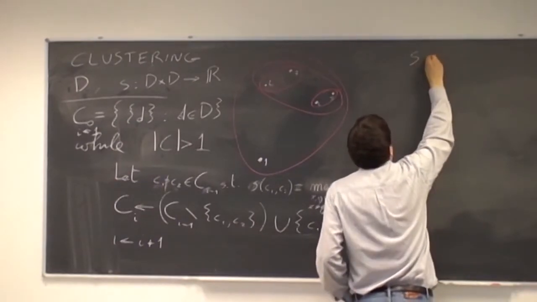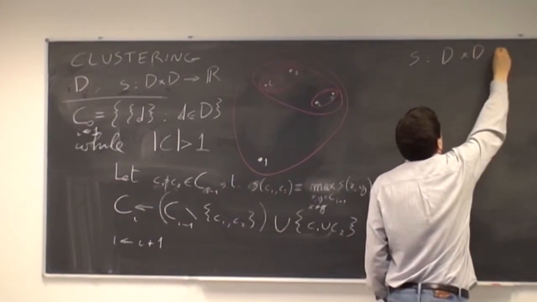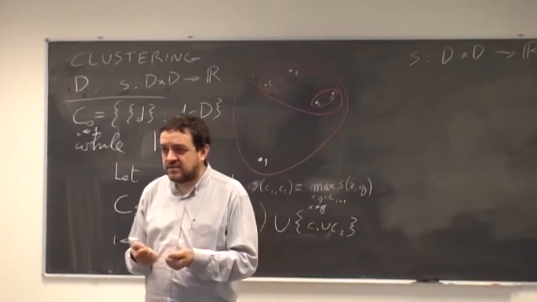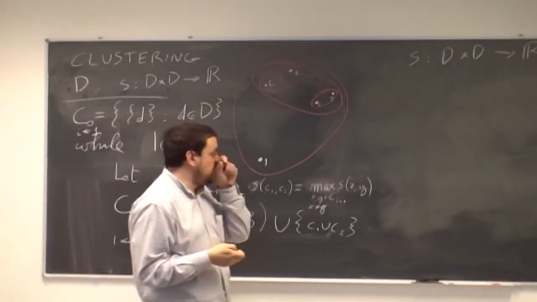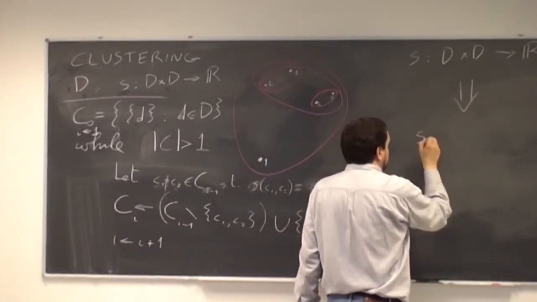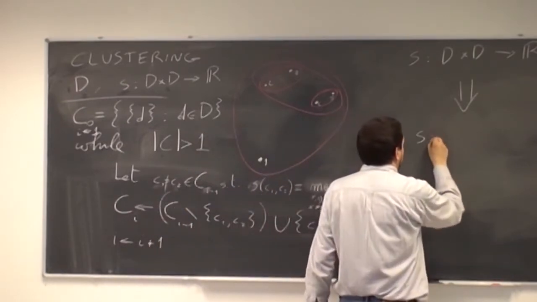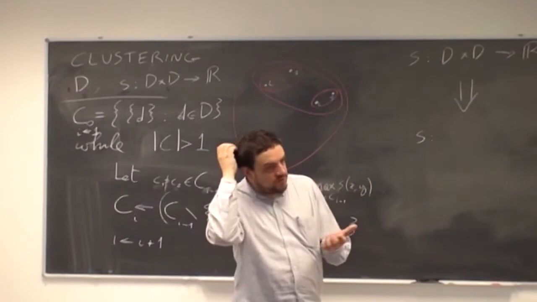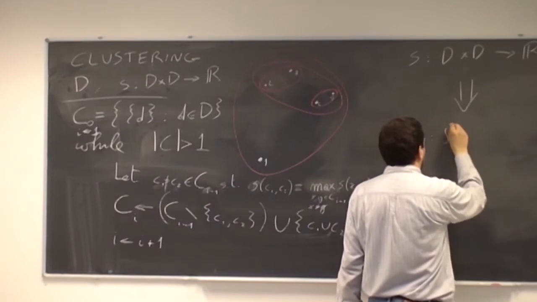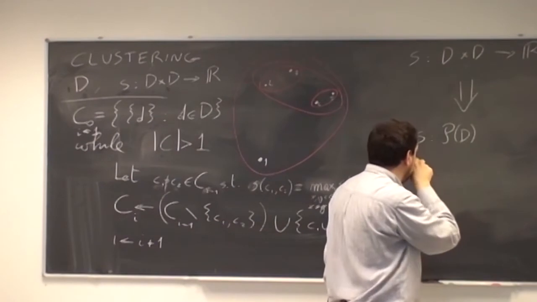So, mathematically, let's say we start from a function that relates two elements in our set. But what we want to end up with is an extended definition, an extended kind of similarity that can work not between two elements, but between two sets.